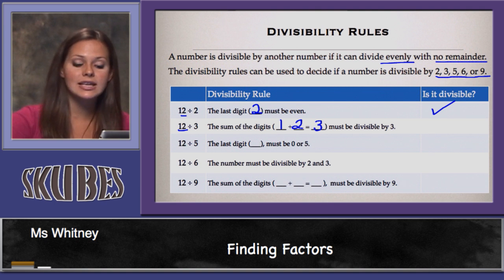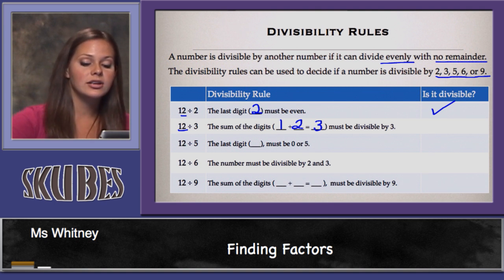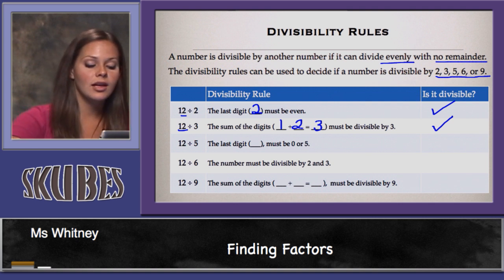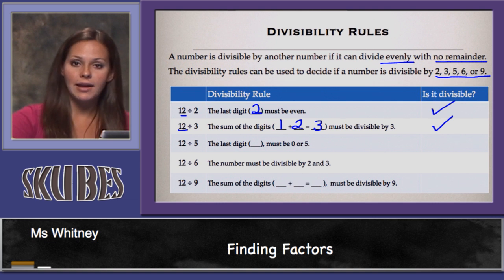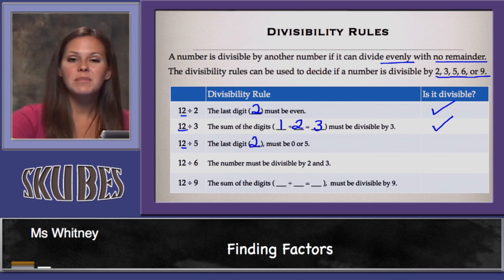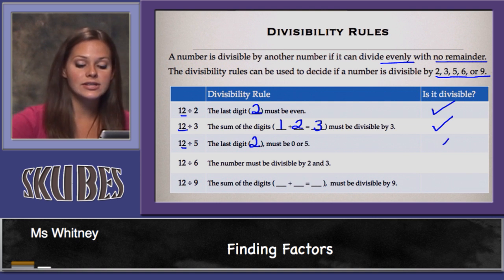So yes, 3 is divisible by 3. So 12 is divisible by 3. Now let's look at 12 divided by 5. The rule is the last digit, in our example the last digit is 2, must be a 0 or 5. Well, the digit 2 is not 0 or 5, so 12 is not divisible by 5.